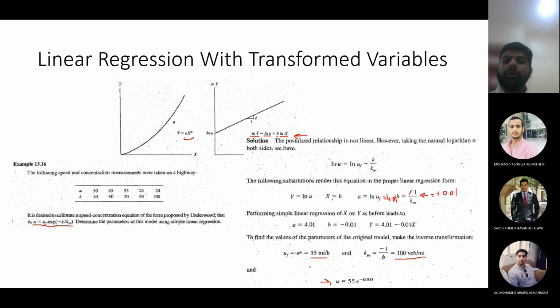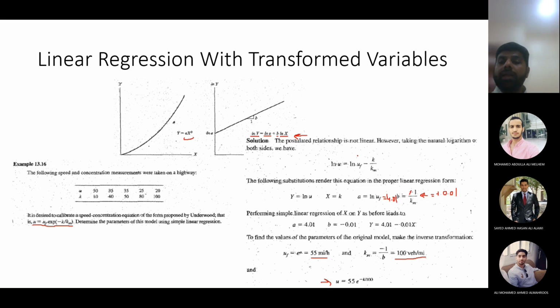So what we did, first of all, we transformed the equation to have one term on the left hand side and two terms on the right hand side, and then for these two terms we found out the parameters. The constant is a, and the other parameter which was multiplying with k was b. So you found a and b like we did for simple linear regression.